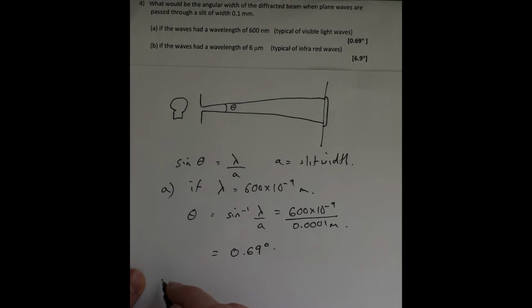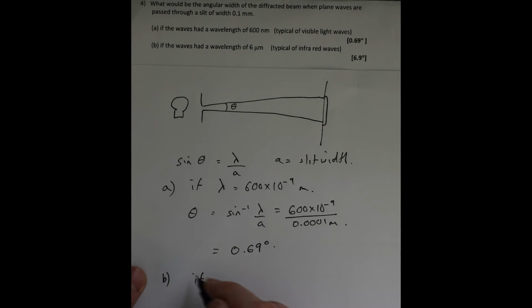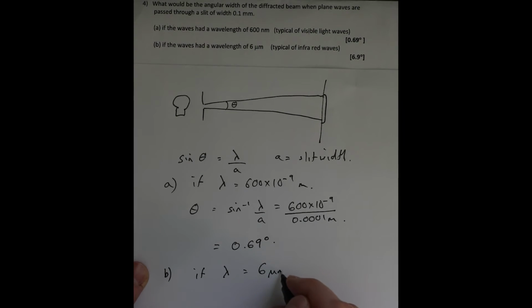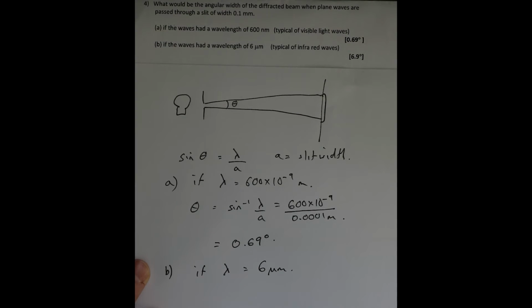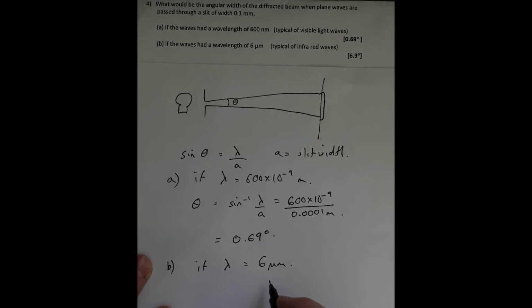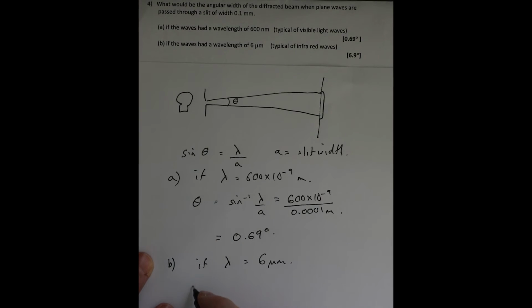If I do the same for part B, so now lambda is equal to 6 microns. This is a much bigger, longer wavelength. Then I just do the same thing again.